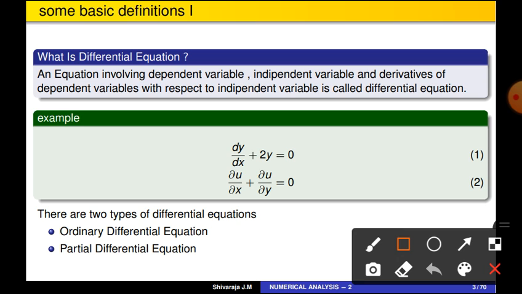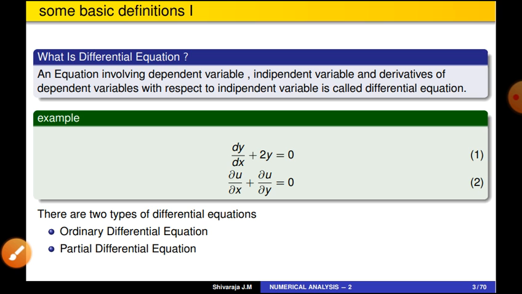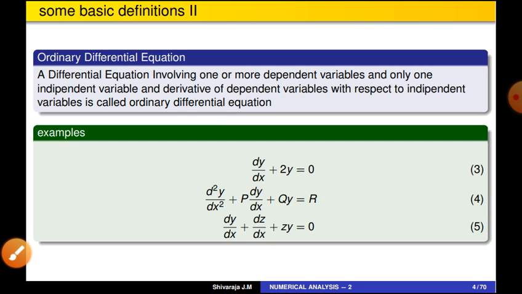These are some examples: dy by dx plus 2y equals 0, and dou u by dou x plus dou u by dou y equals 0. Differential equations are of two types: ordinary differential equations and partial differential equations. Okay, so this is about differential equations.